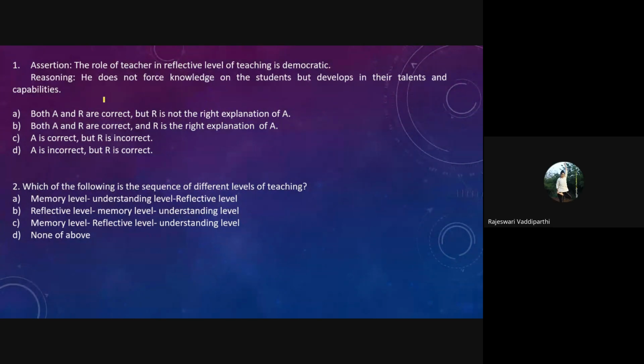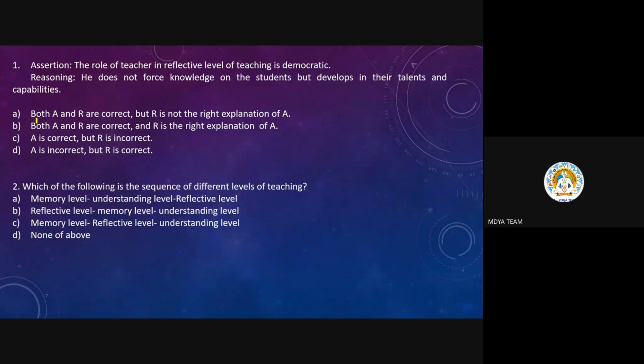It could be either A, ma'am, or second is right, but the first one with the word democratic, I'm a little doubtful. Democratic means the learners are allowed to speak, allowed to express their point of view. This is democratic. Maybe then A only, ma'am. Sorry, not A, ma'am. B, ma'am. Sorry. B.